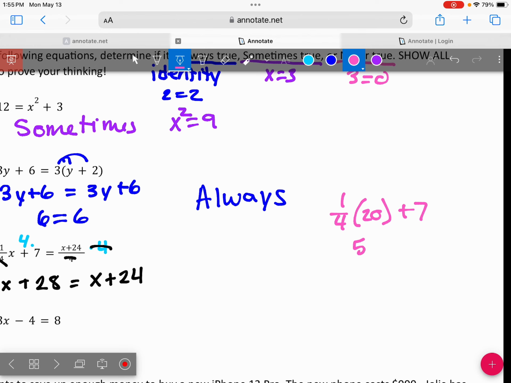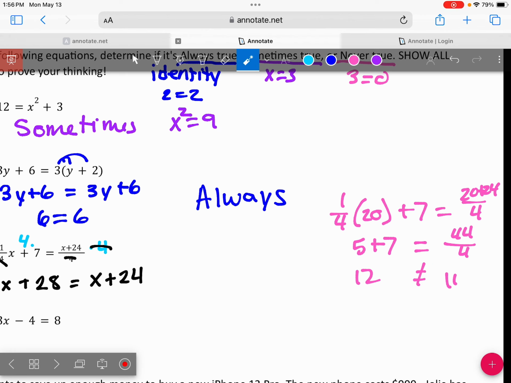That gives us 5 plus 7, equals 12. Now do 20 plus 24 divided by 4, which is 44 over 4, which is 11. Does 12 equal 11? No. So all this would show us, if we started here, is that it's not always. We can't tell from here if it is sometimes.